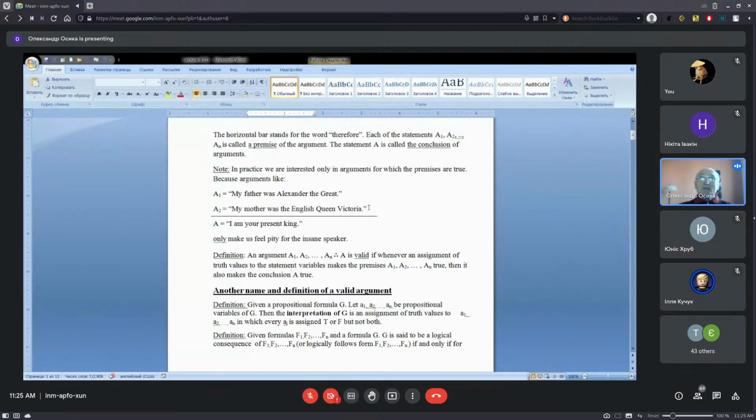So whenever an assignment of truth values to these statement variables in these formulas makes the premises true, it also makes the conclusion A true. So whenever this is true, if it follows that this is also true, then it is valid.